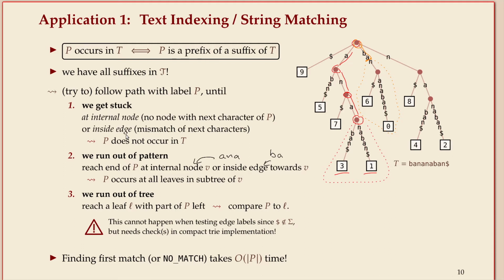Two examples for the two cases: if we look for NB, we read N and then we cannot continue with the B. Then we fall out of the tree, in a sense. Or we are inside an edge. That can happen if we look for BAA. We start reading like for BAN, but then the next character is not an N. So we're again falling out of the tree.